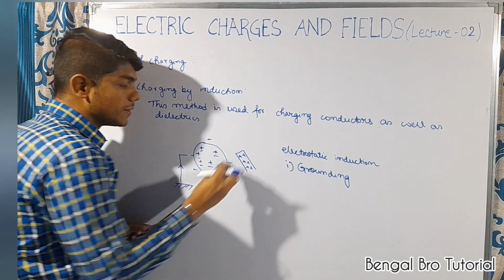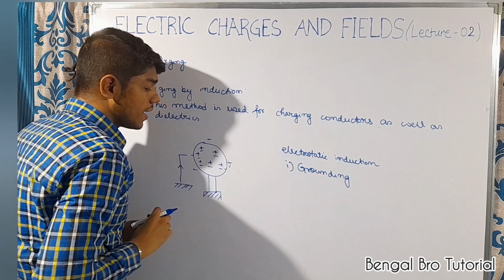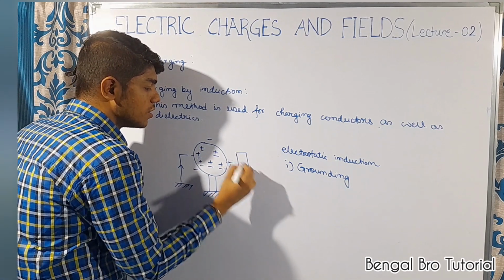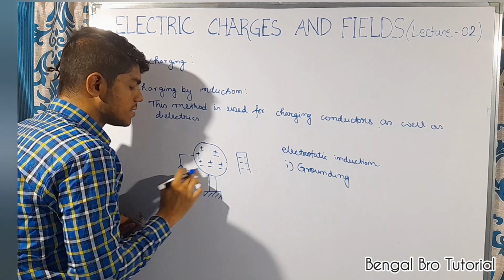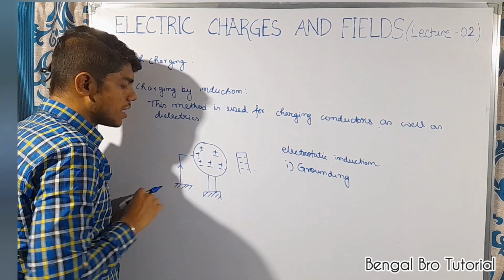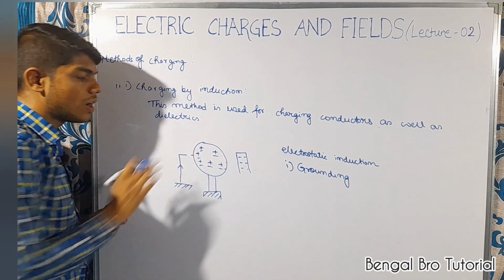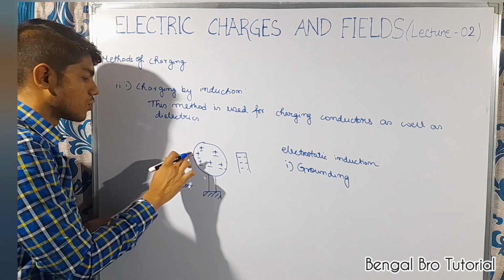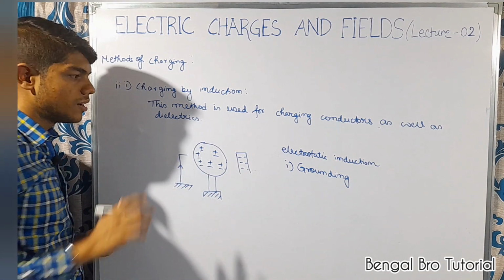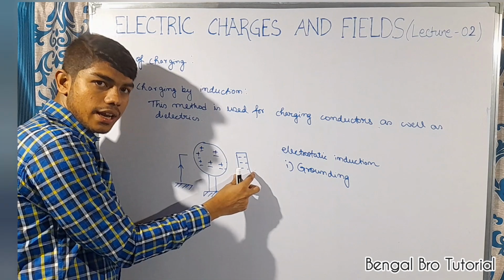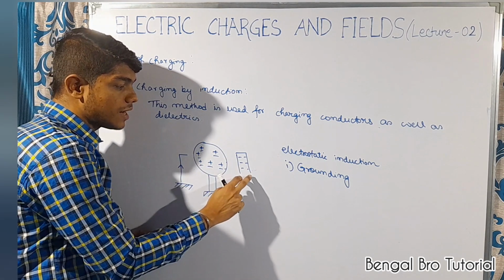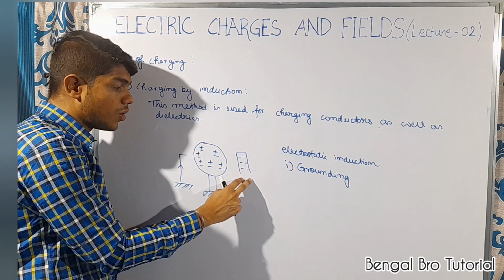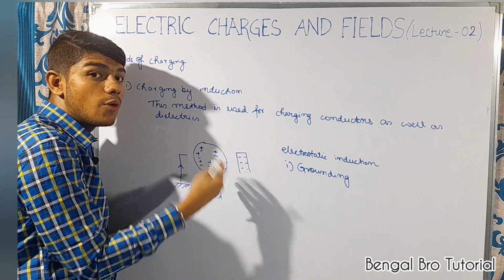Now if we bring a negatively charged body near this conductor, let's see what will happen. See, initially this body will have an equal number of protons and electrons. Alright, now when you bring this negatively charged body near this conducting sphere, this negative charge will attract some of the positive charge. How will it attract?